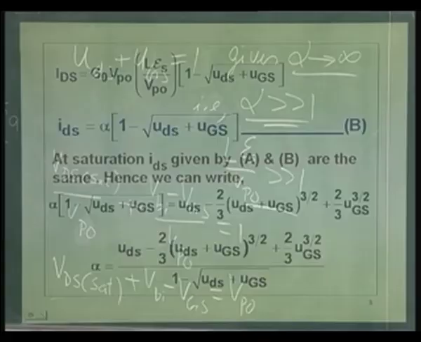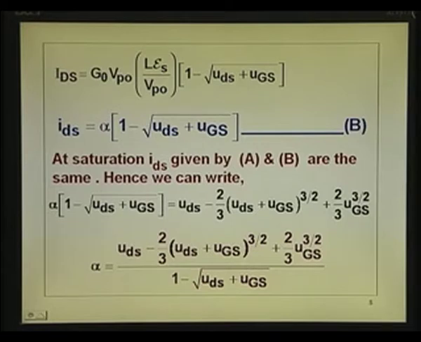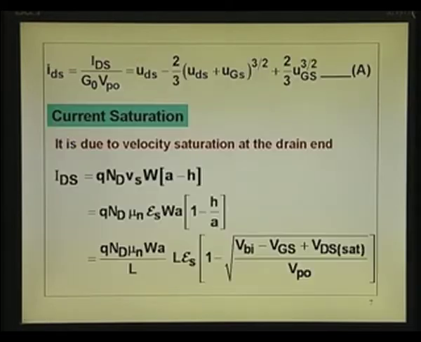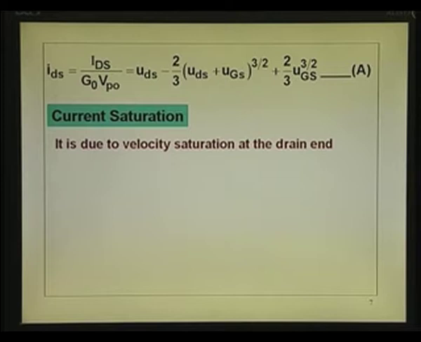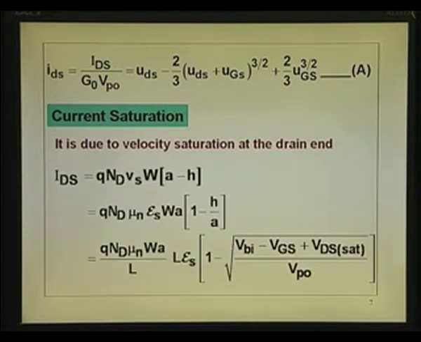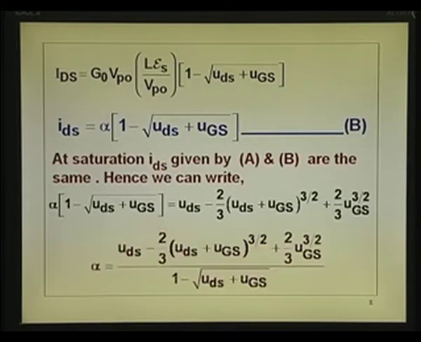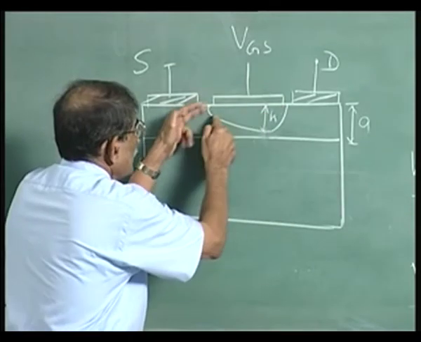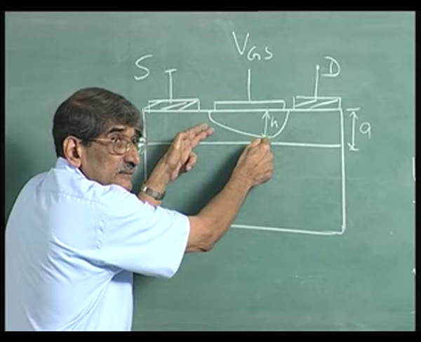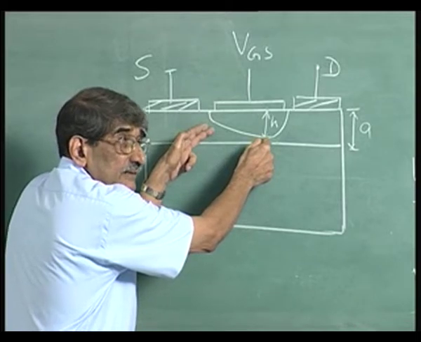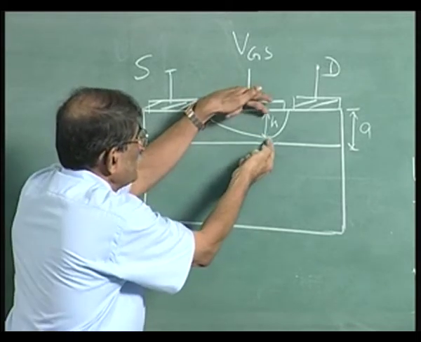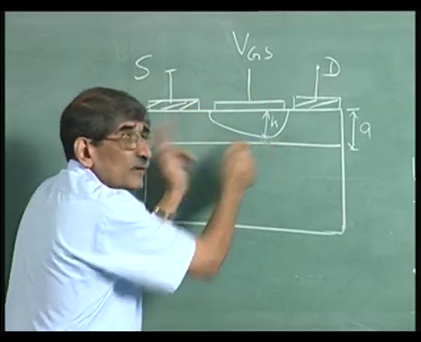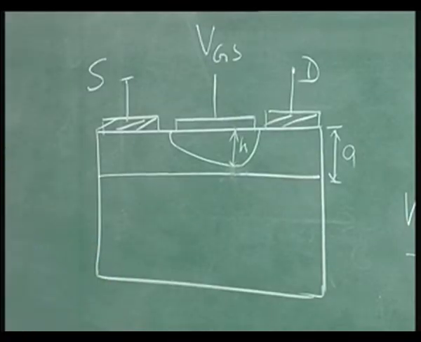Okay. So, what we are trying to say is the drop here is sufficient enough so that it closes this if L is long. That is the meaning of that.